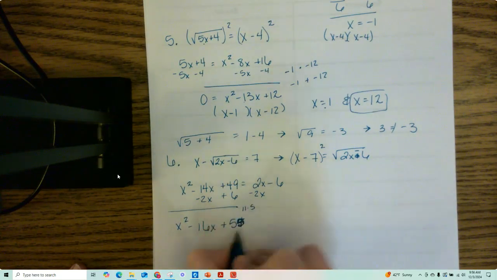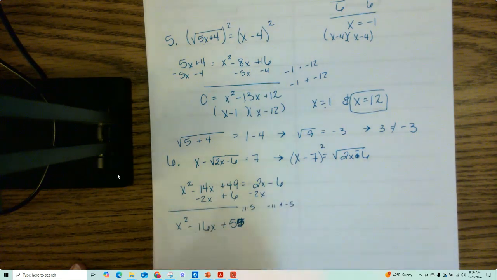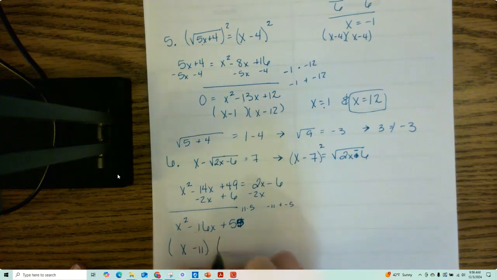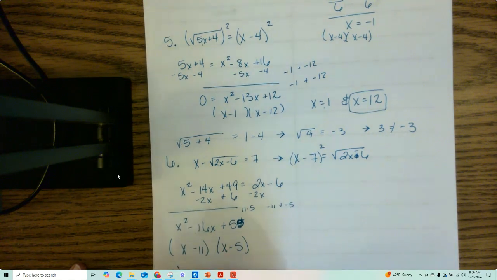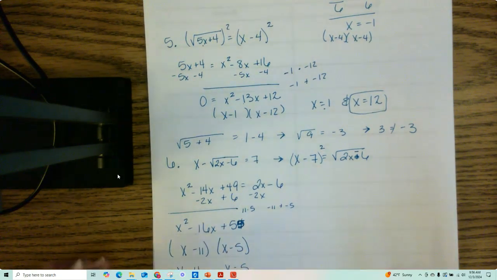I could do 11 times 5 gives me 55, negative 11 plus negative 5 gives me negative 16. So my factors would be x minus 11, x minus 5, so x equals 11, x equals 5.